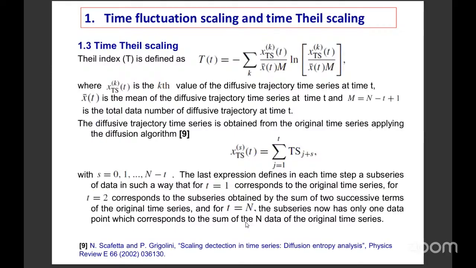Now, with respect to the tail scaling, time tail scaling, the tail index is defined in this form. The tail index is a measure of the inequality of distributions, for instance income distributions or wealth distributions.